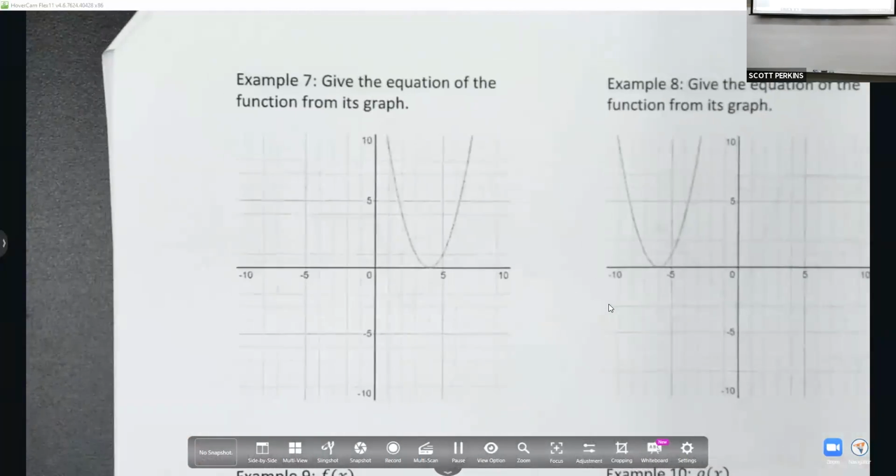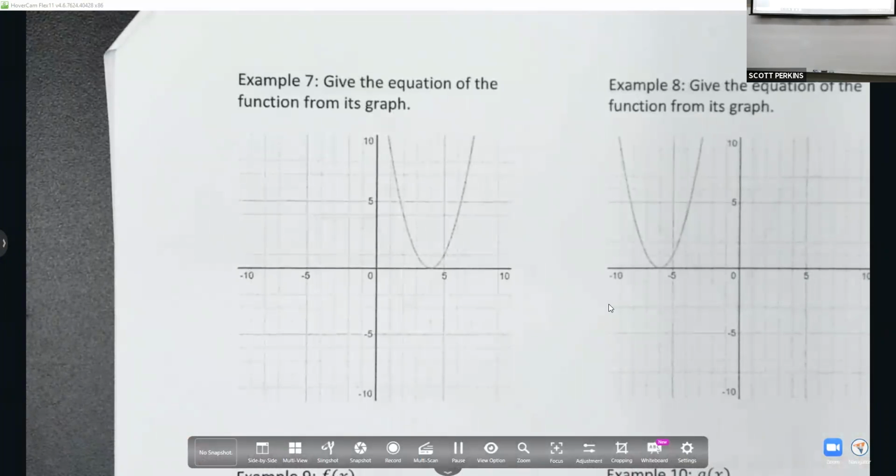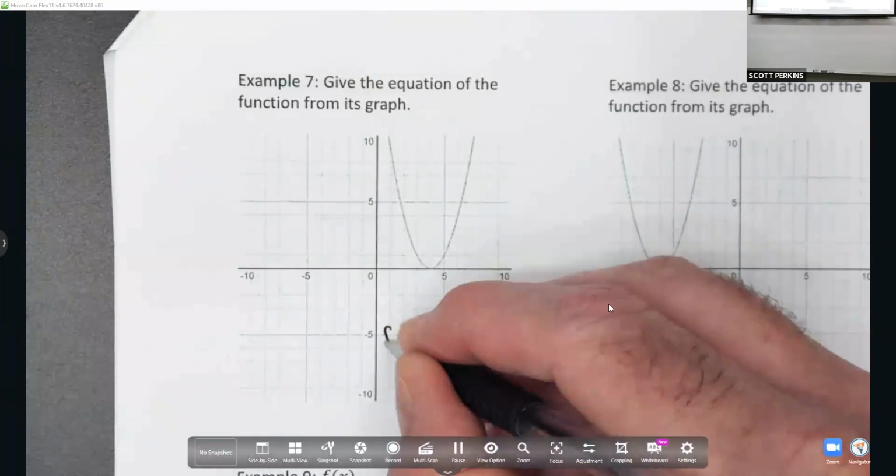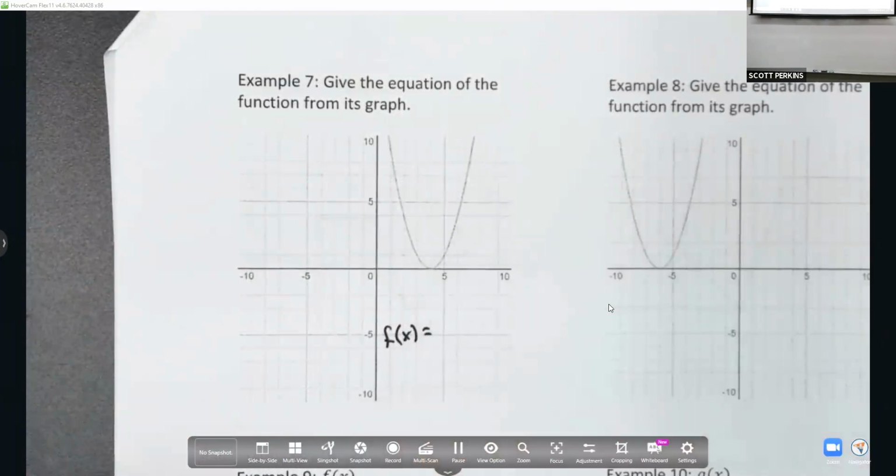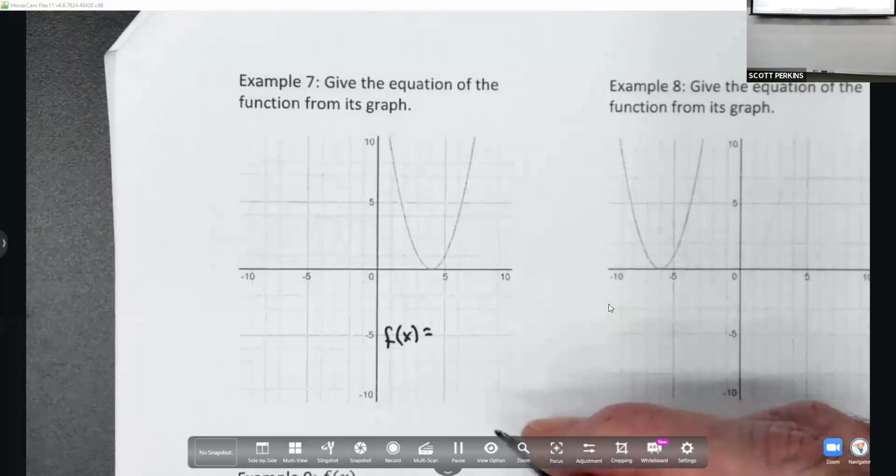Example 7 gives us a graph that's been translated horizontally, and we're going to write the function notation for this. So f of x is equal to, well, first off, tell me which of the basic functions is represented on example 7? X squared. Which way has the graph gone? It's gone right. How many units? 4. Okay, so here's what you do.